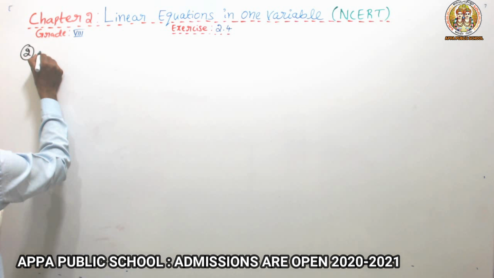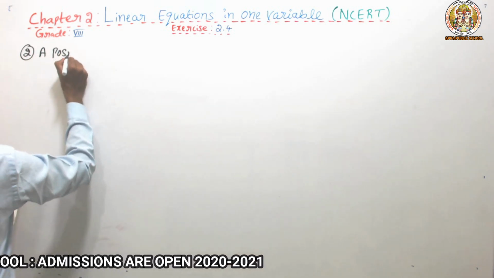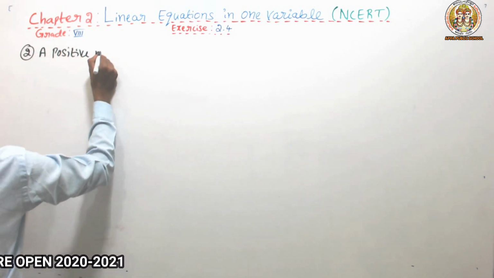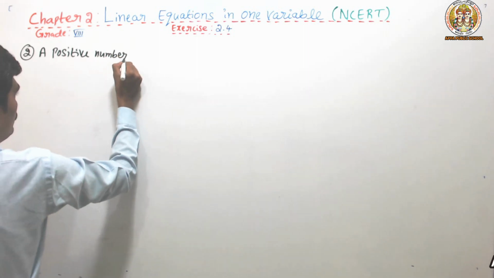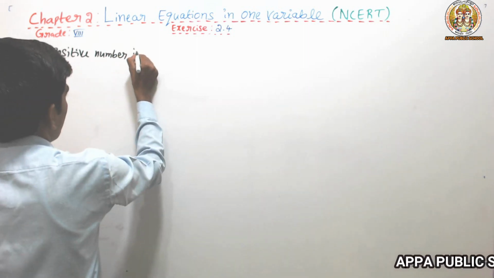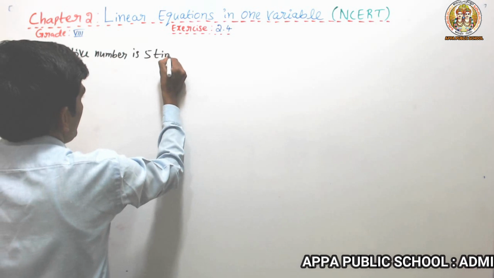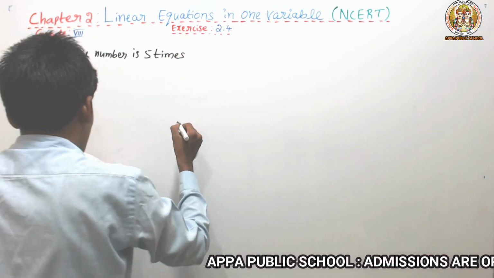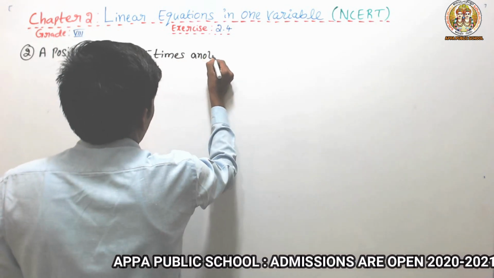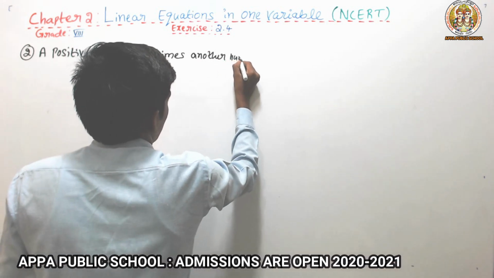A positive number is 5 times another number.